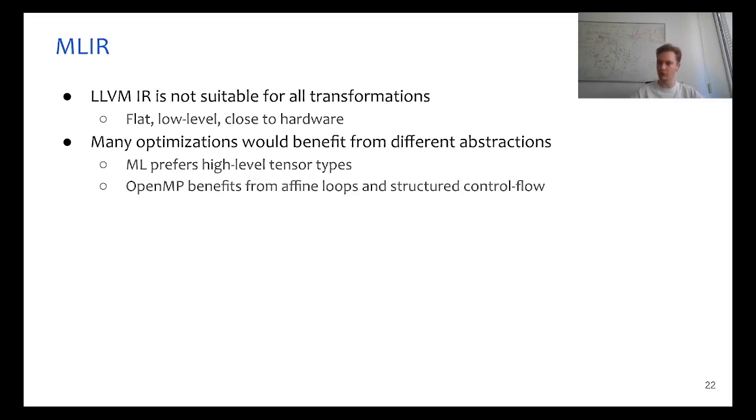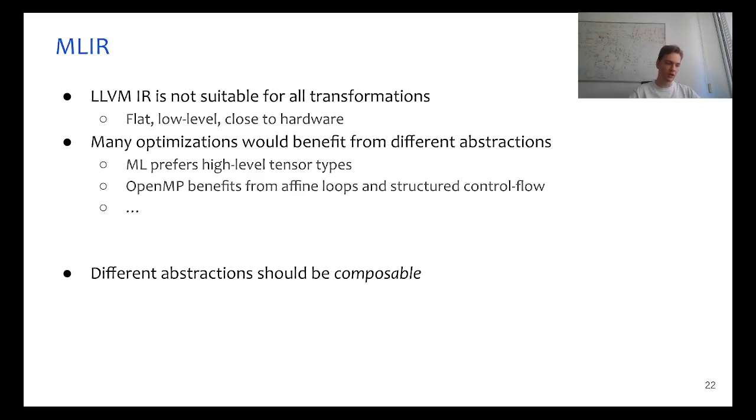Also, something like OpenMP, which you use in HPC, benefits from affine loops and structured control flow. Yeah? Structured control flow, again, something that doesn't exist in LLVM IR. Everything is flat. And then there's an arbitrarily long list of optimizations or use cases you can think of that benefit from a higher abstraction than LLVM.